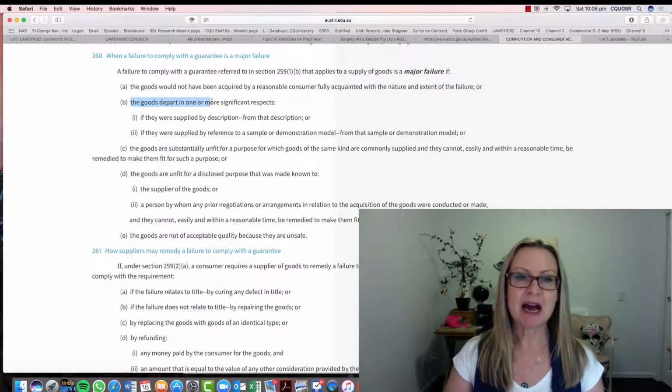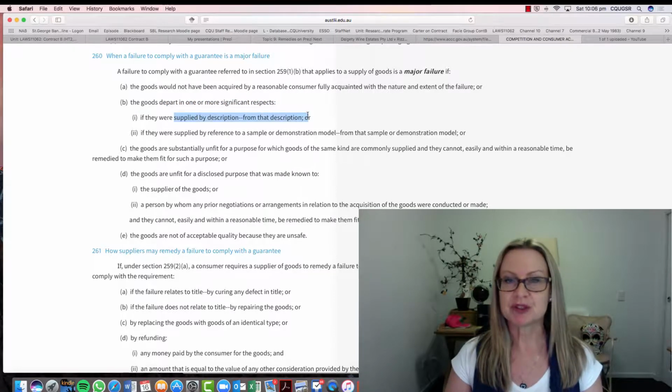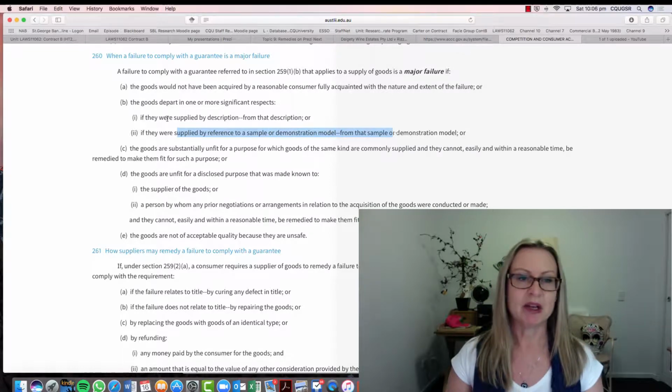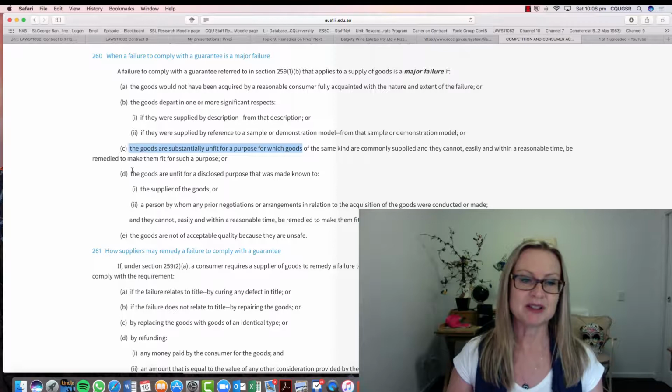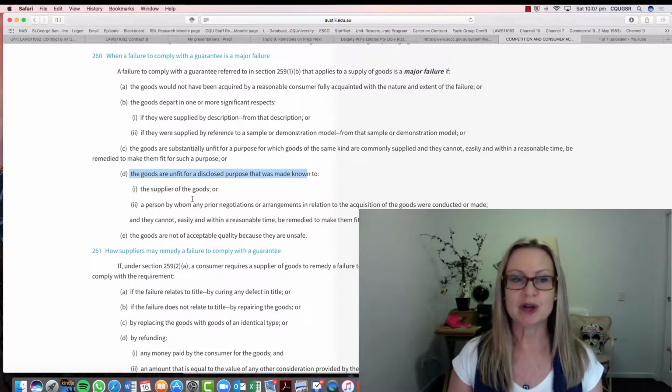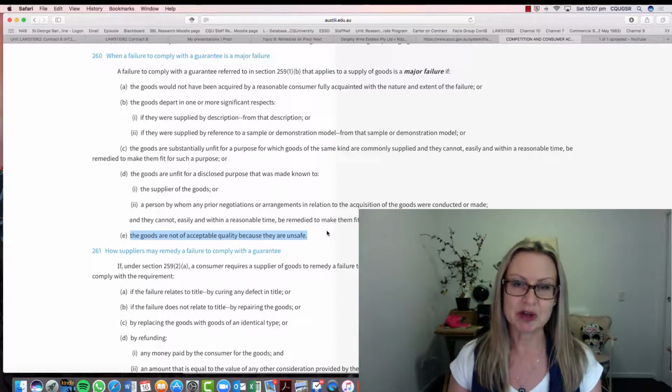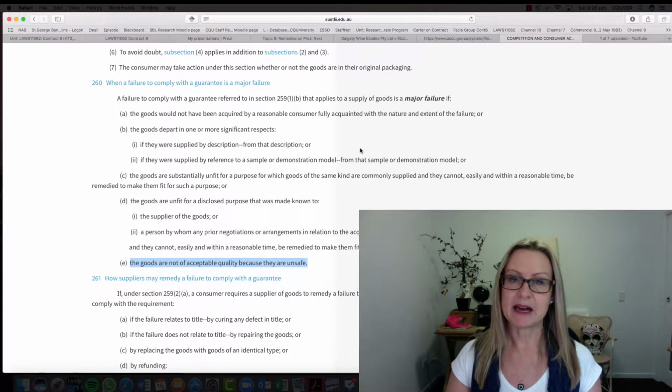Or the goods depart in one or more significant respects if they were supplied by description from the description, if they were supplied by sample from the sample. And then if the goods are substantially unfit for their purpose, if they're unfit for a disclosed purpose, or they're not of an acceptable quality because they are unsafe. Any of those things are going to add up to a major failure.